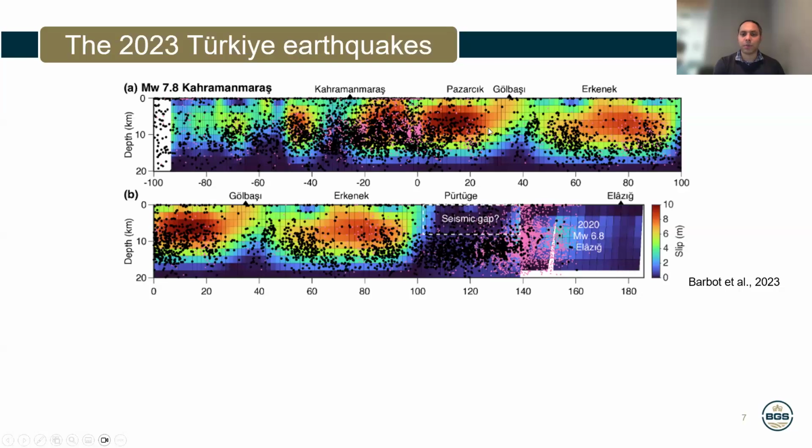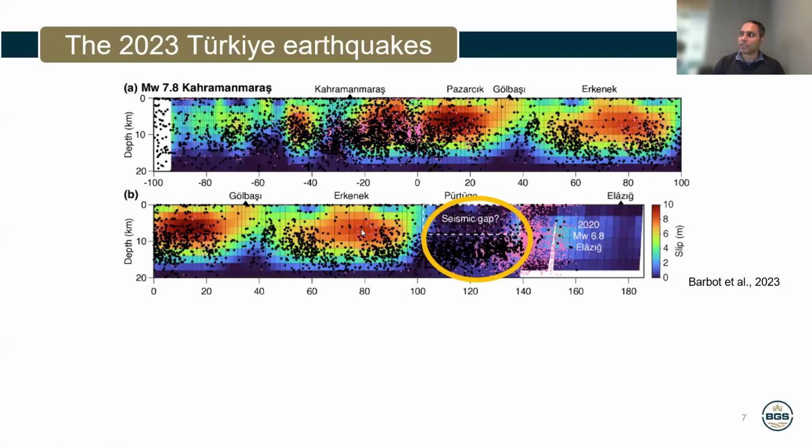Red colors indicate where the fault moved a lot and released a lot of stored energy, and bluer colors where it didn't. In general, this big fault, by the way, ruptured on the order of 300 odd kilometers, and most of it released energy. There are reddy yellow colors along most of the length of that fault, and then it stopped around here. So this bit here did not release the energy.